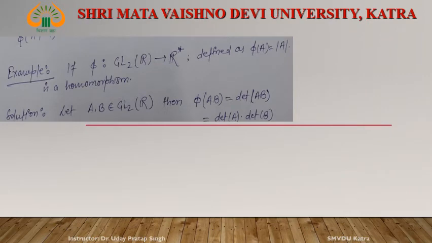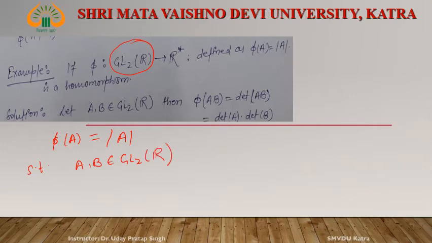See another example. Phi is a map from the general linear group of all 2 cross 2 matrices with real entries to R star, defined as phi of A is equal to the determinant of A. Let A and B belong to GL2(R). Then AB belongs to GL2(R).